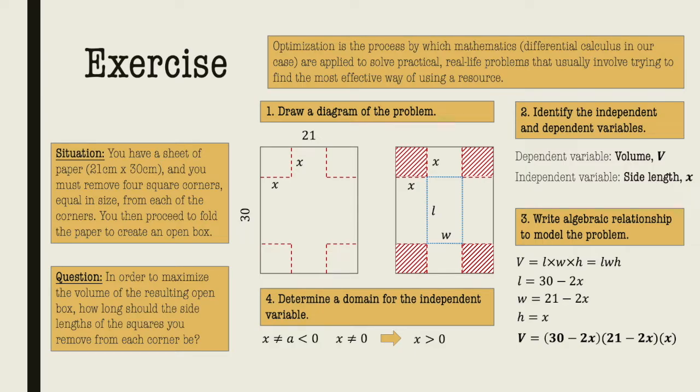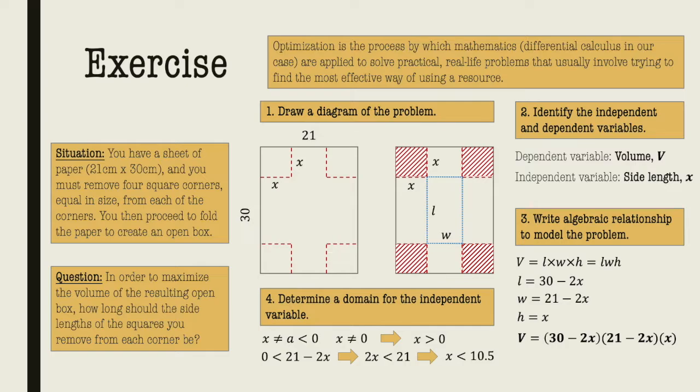We cannot cut too much, as we must leave something there to have a flap and create the open box. From that, we may draw the conclusion that 21 minus 2x cannot equal 0 or anything smaller. It must be something greater than 0. We solve for x now, and at last we get that x must be smaller than 10.5.